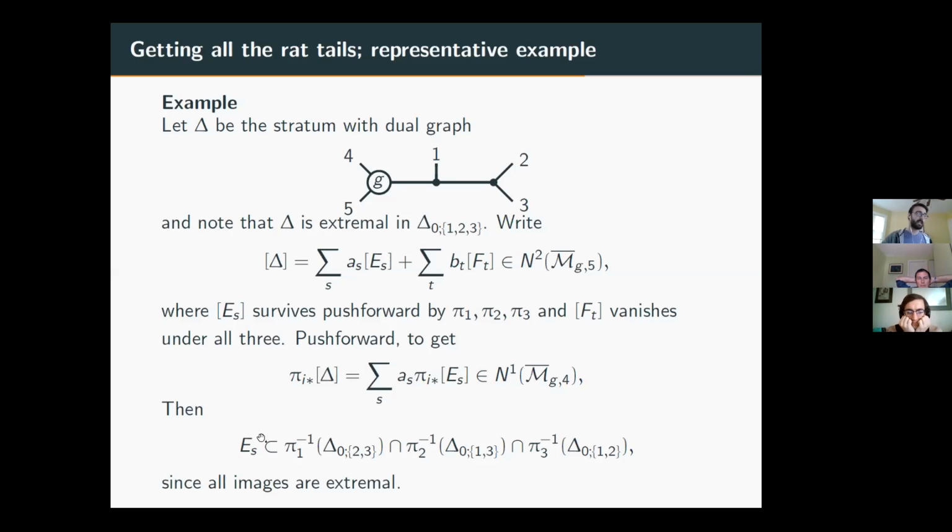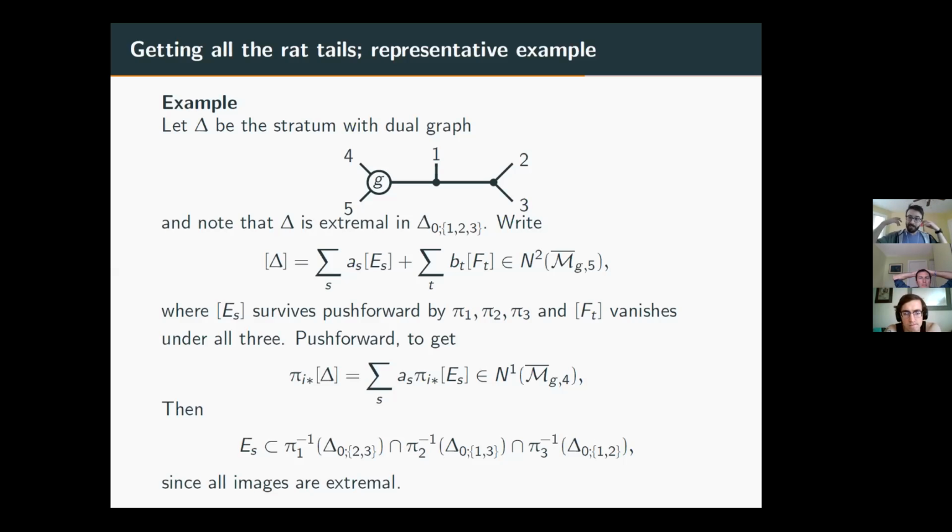And so what you conclude is that every E_S, every subvariety in this sum, has to be in the preimage of this divisor by pi1, by pi2, and by pi3. Cool. So you at least know where E lives.